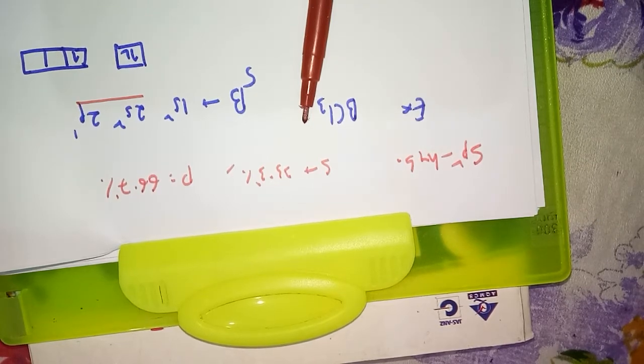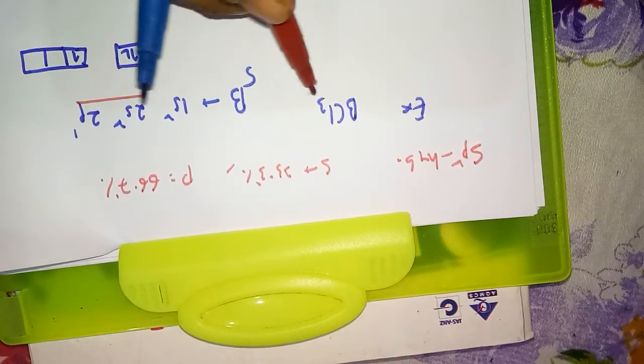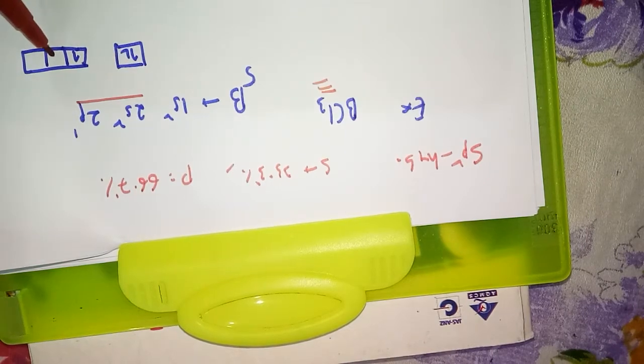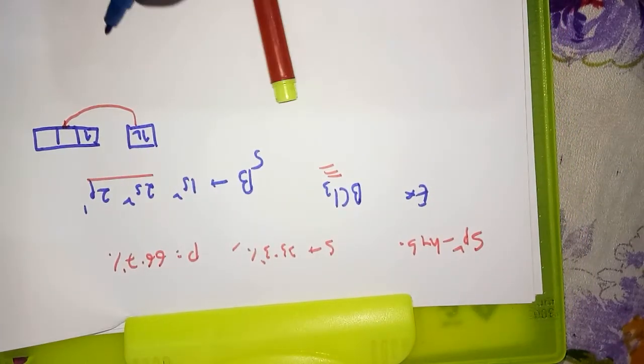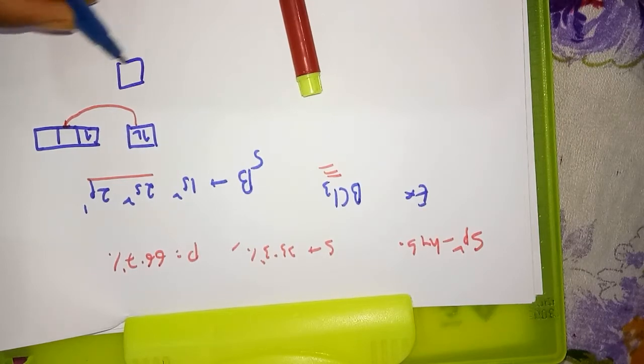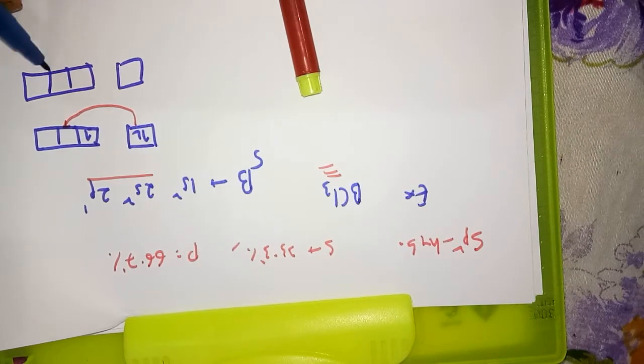Now how many chlorine atoms are there? 3 chlorine atoms are there. So 3 orbitals are required. In that case you have to promote 1 electron into this one. So after that its structure will be like that, 1, 2, 3.